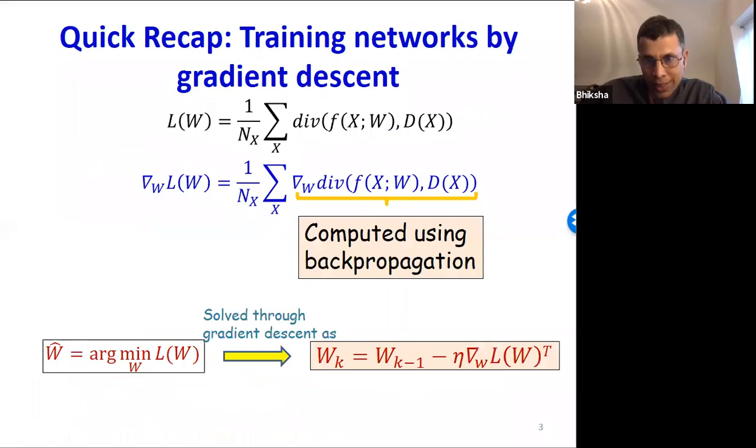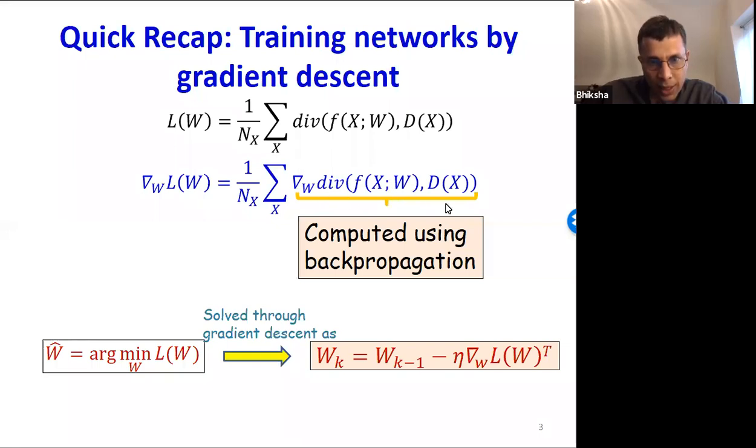We use gradient descent to minimize the loss. Since the loss is the average of the divergences for individual training instances, the gradient of the loss is going to be the average of the gradients of the divergences for the individual training instances with respect to the network parameters.